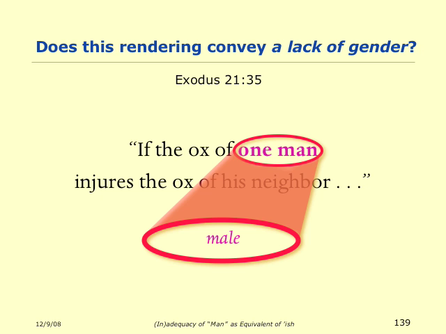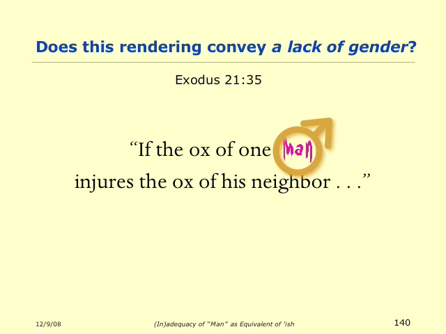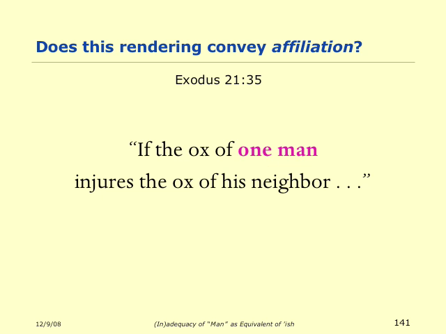In standard English idiom, man here appears to mean male. In other words, the rendering here mistranslates the gender meaning component of the Hebrew noun, distorting the reader's view of the original text.